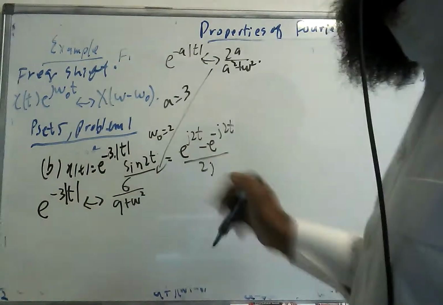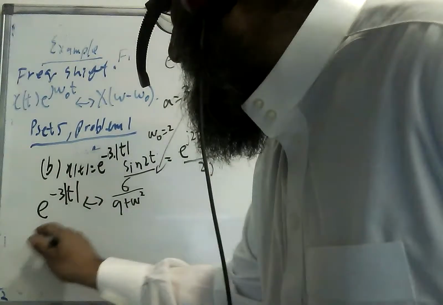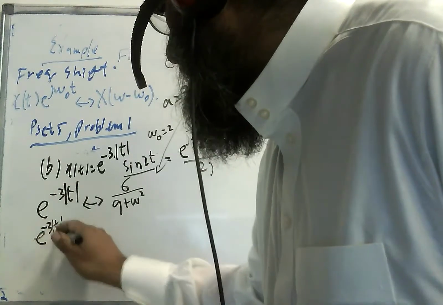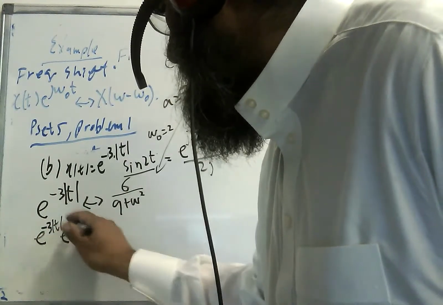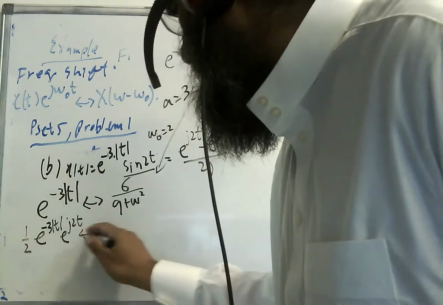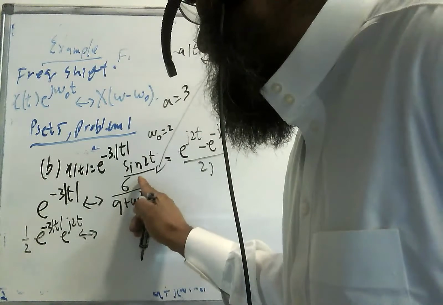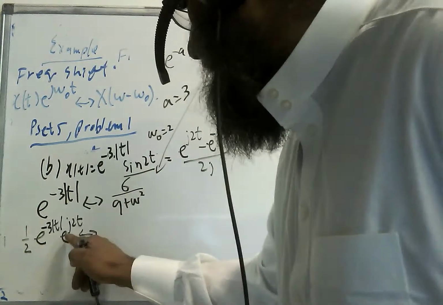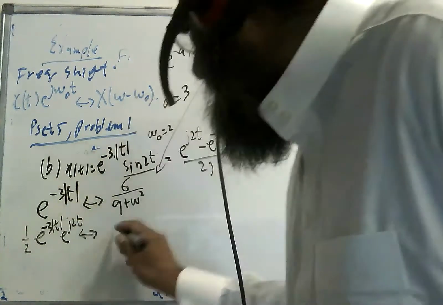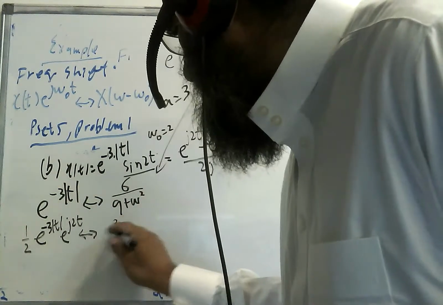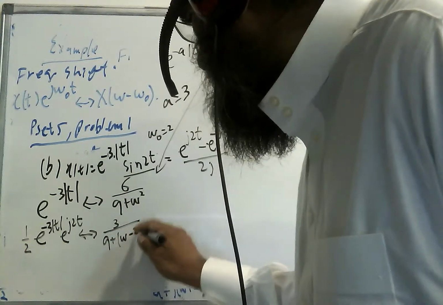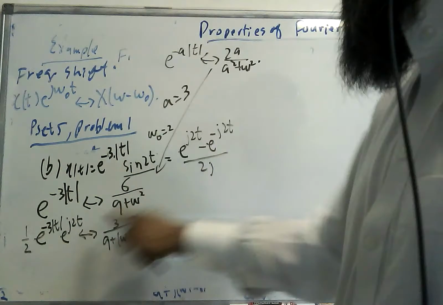So what I do here is I multiply e raised to the power minus 3t by e raised to the power j2t, and the half is also there. So I divide by 2 and multiply by this. This will be shifted by omega naught. So 6 will become 3 because it is divided by 2, over 9 plus omega minus 2 whole square, because it is shifted by 2.